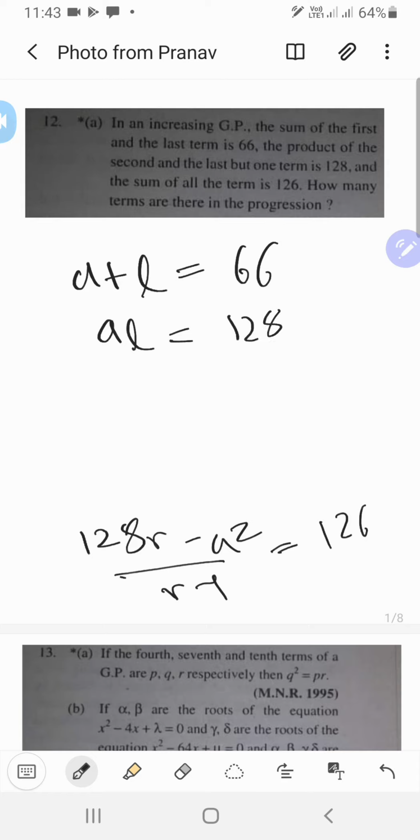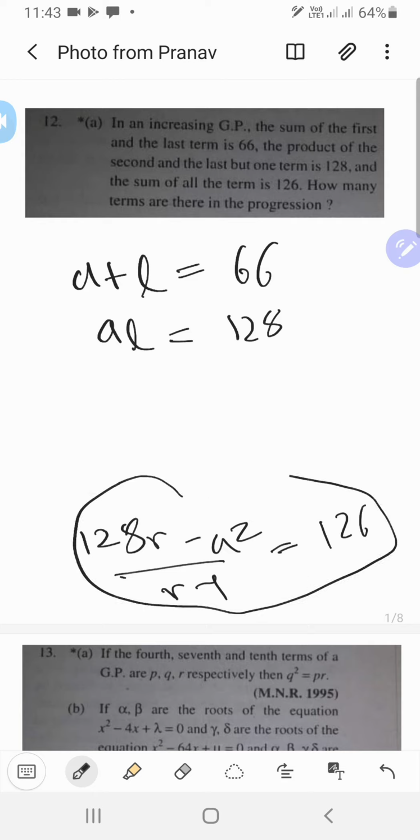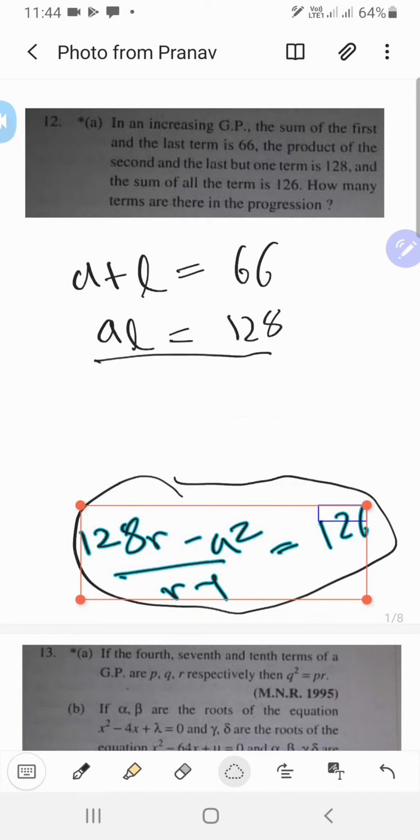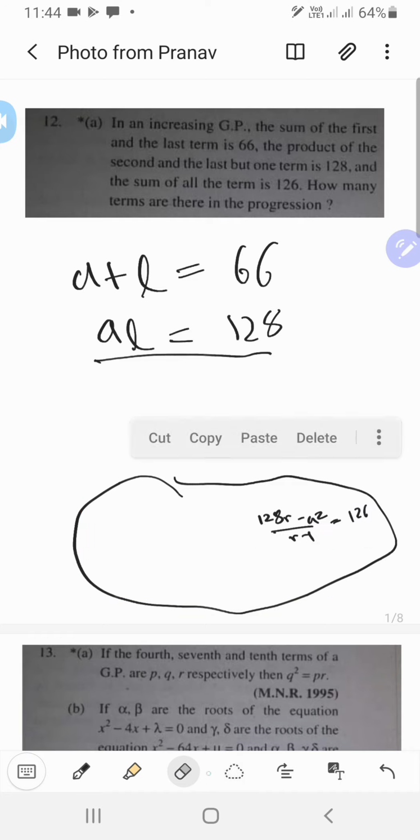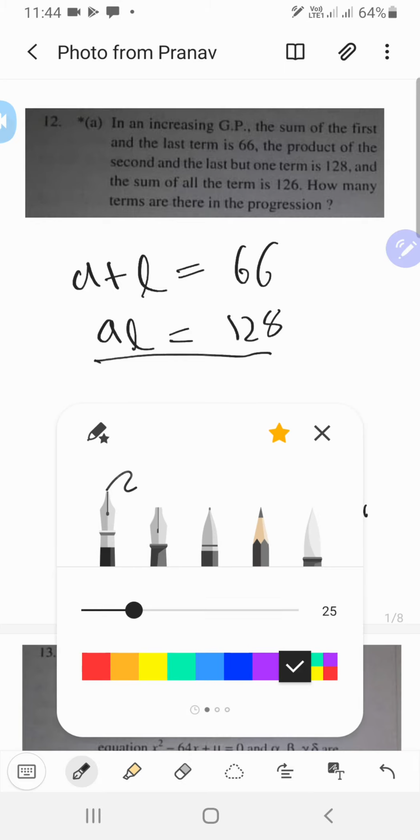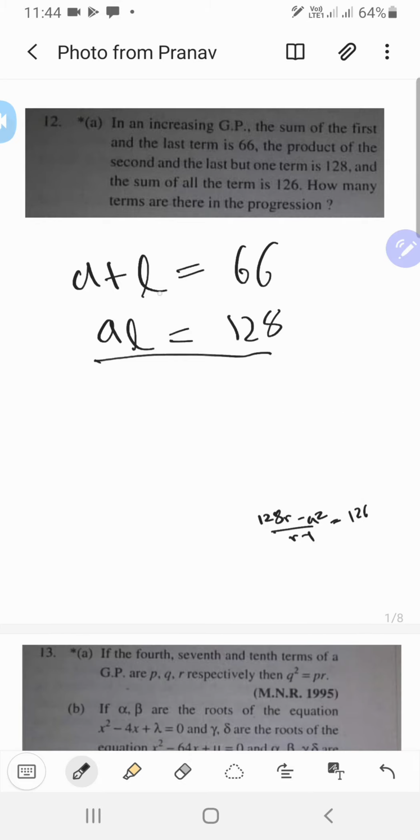In fact you don't even need to use the earlier equation here, because you can directly get the values of A and L from these two equations itself. We will just use the earlier one when we want to find the value of R.